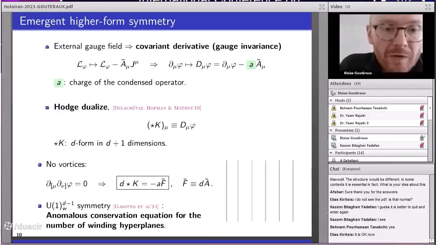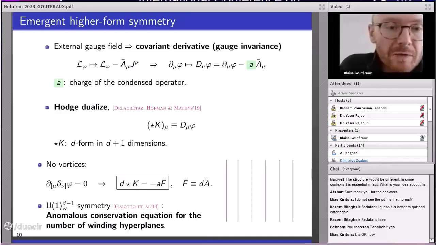This is a so-called D-1 form symmetry that tells us that the number of winding hyperplanes of the phase of the Goldstone mode itself is conserved in the system. This is consistent with our assumption that there are no vortices around, so winding planes cannot be created or destroyed. This could only happen if we had vortices in the system.